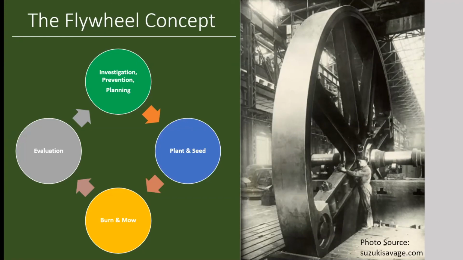The point being, the more you implement the flywheel concept in combination with integrated pest management, the more resiliency you build, the more it can support local pollinators, the more it is able to be resilient to invasion from invasive species, the more core habitat you build up, the better your ecosystem is going to be.